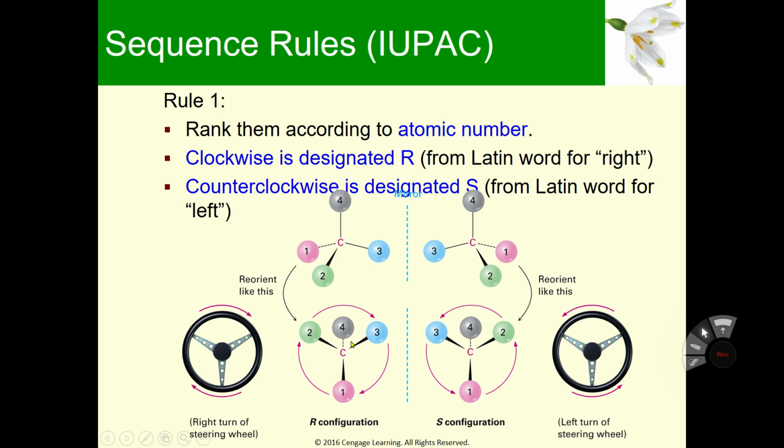The dotted line is going away from you, behind the paper. So once you put the lowest priority in the back, you arrange the rest of the 3 atoms or atomic groups, and then look at the direction of the sequence of priority. In this case, 1, 2, 3. So it's clockwise. If it is clockwise, then we assign this as R.